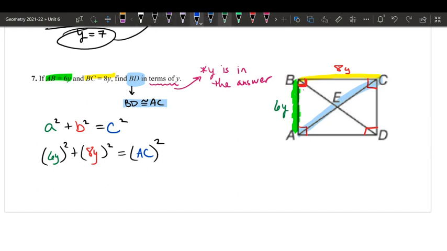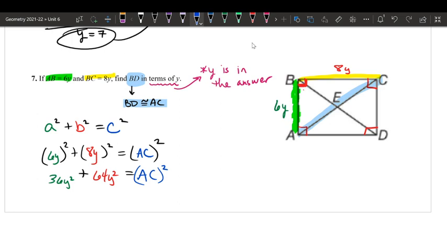So 6y squared, you square the 6 and you square the y, so that's 36y squared. Plus 8y squared is going to be 64y squared. And that's going to equal AC, the whole thing squared.